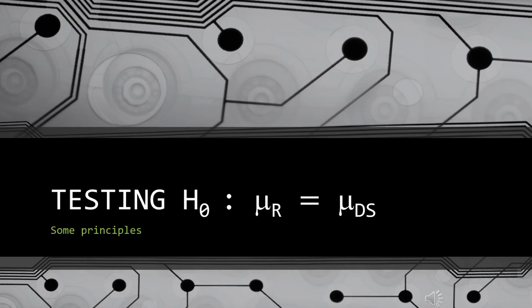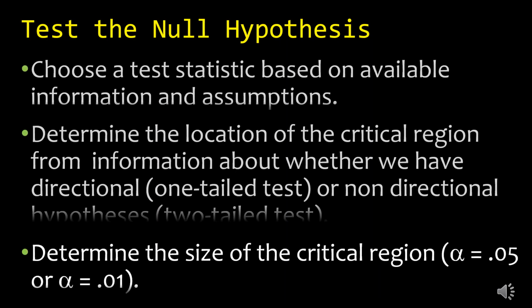And now it's time for us to learn how to test that null hypothesis. We need to understand the workings of the process of null hypothesis testing first, though, because testing the null is a little complicated.